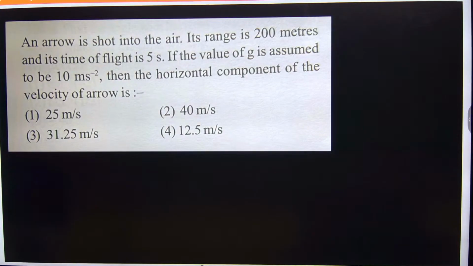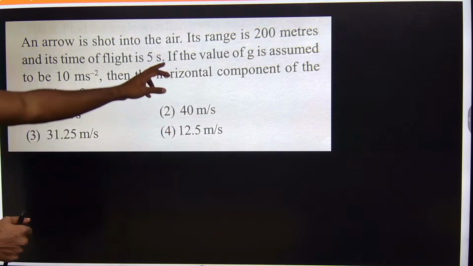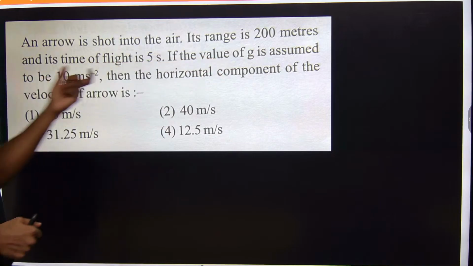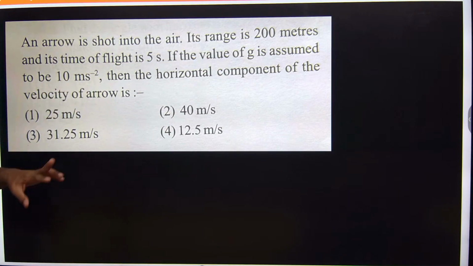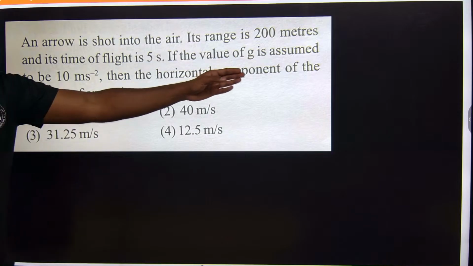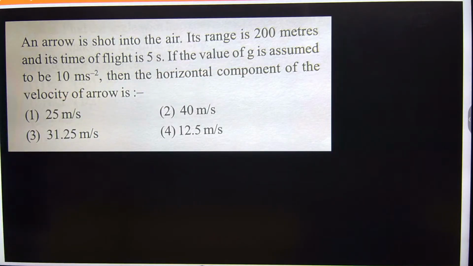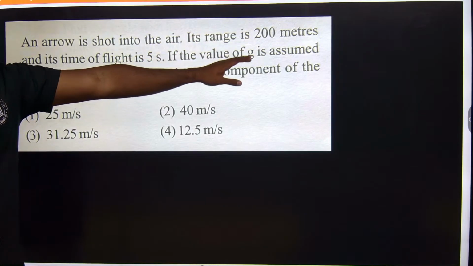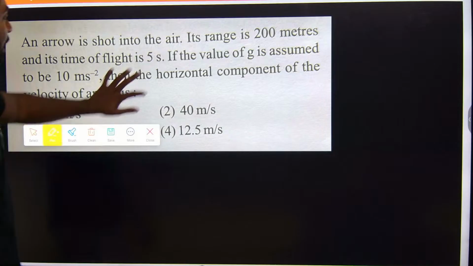Listen here. The next question is, an arrow is shot into the air, its range is 200 meter and its time of flight is 5 seconds. Okay, if the value of g is assumed to be 10 meter per second square, then find the horizontal component of the velocity of the arrow. Let me write those given terms in the question separately, and I will draw the diagram also.